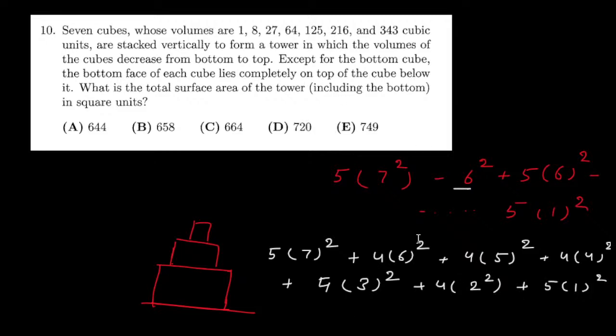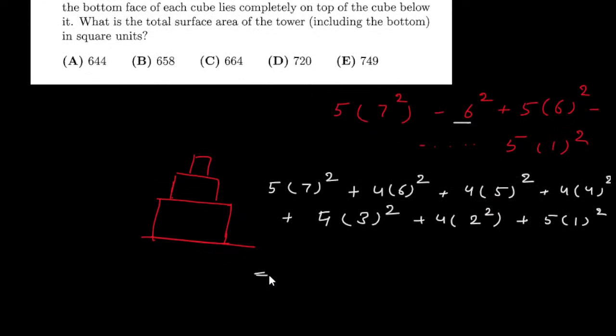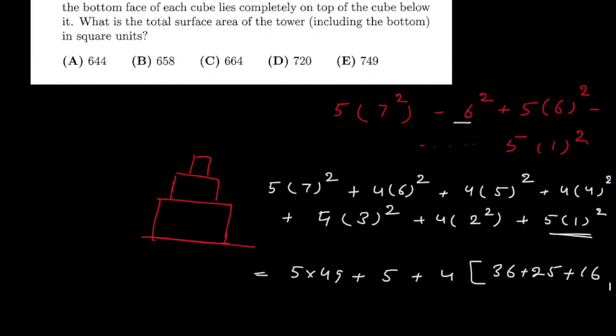Okay, so now 7 7s are 49, so 5 times 49 plus here 5 times 1. Okay, this I will keep separate. Then for the others 4 is common, so I will take 4 common. Then 6 square is 36 plus 5 square is 25 plus 4 square is 16 plus 3 square is 9 plus 2 square is 4.